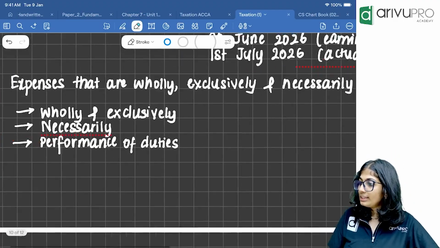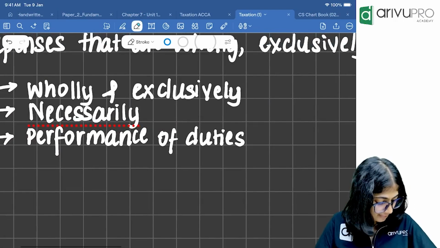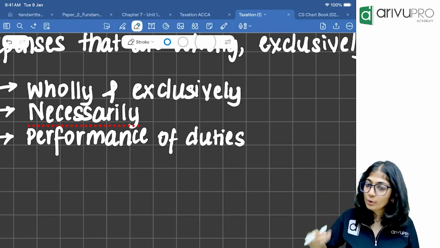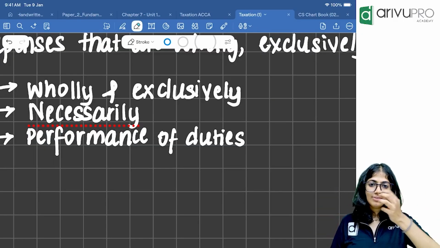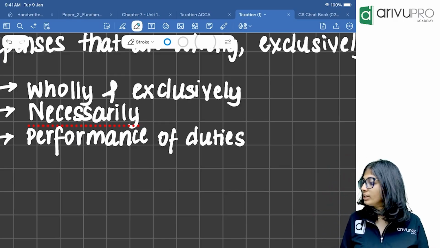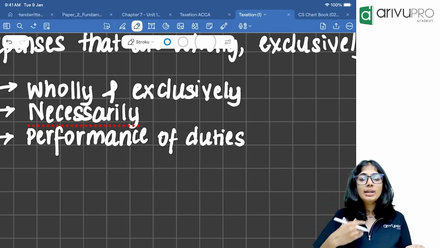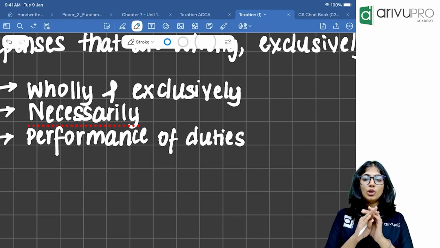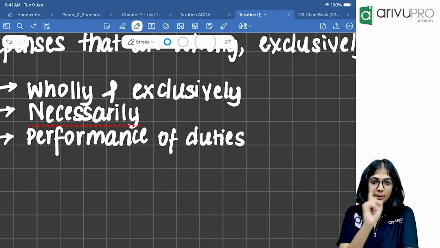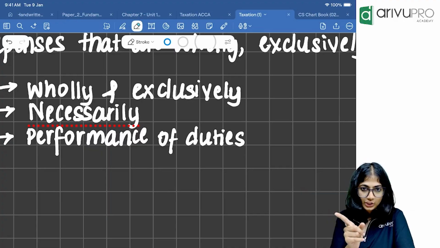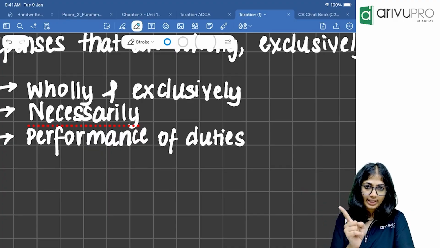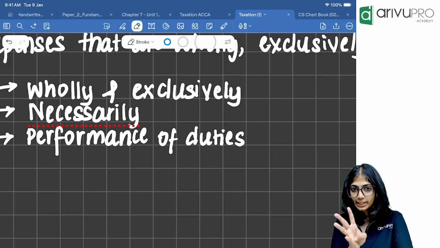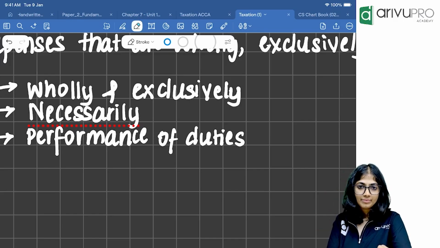Let's see what necessarily means. Necessarily basically means that it is an inherent requirement of the job. Now what does that mean? For example, you are supposed to meet a few clients. Part of the job is you have to go somewhere, take accommodation there, a hotel room, pay for your own car, the fuel expenses, the travel expenses, the food expenses in order to meet a client.